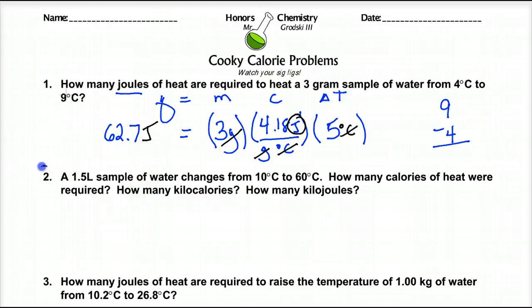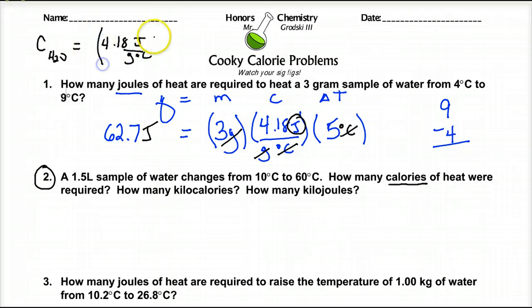Okay, number 2. Now this one's a little trickier for a couple different reasons. You're going to bring in the word calorie. Now I said in table B, the specific heat of water is equal to 4.18 joules per gram per degree Celsius. Now, the calorie, as I just mentioned before, is equal to the amount of energy.